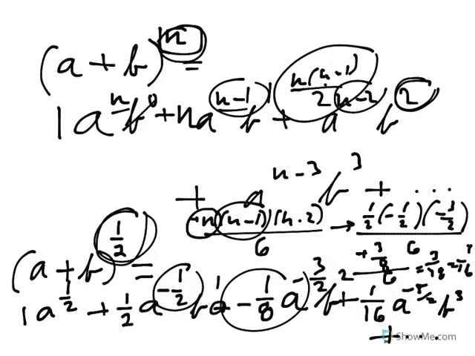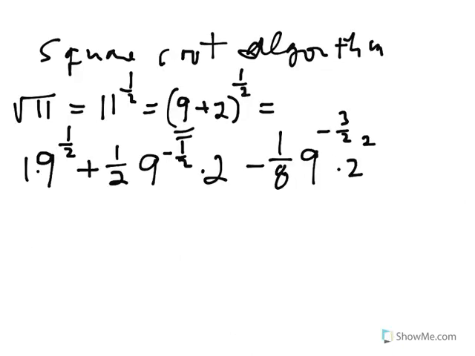And the fourth coefficient is going to be plus 1 over 16, 9 to the minus 5 over 2 times 2 to the third power. So we're just going to do 4 terms of the expansion.